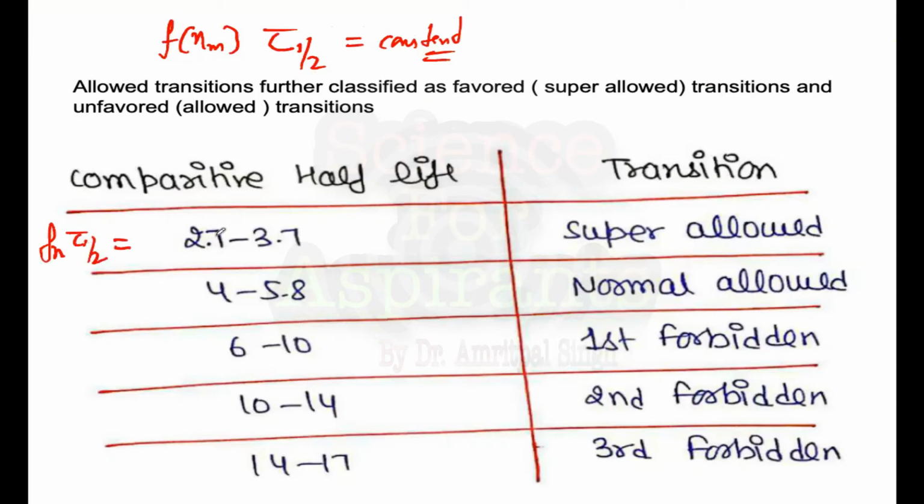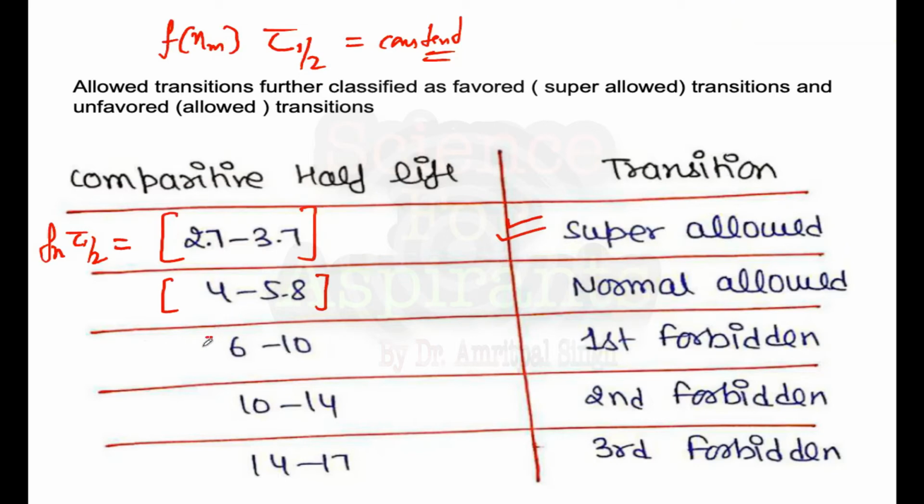If the value of this comparative half-life lies between 2.3 to 3.7, then those transitions are known as super allowed transitions. As the value of the comparative half-life increases, the matrix element is inversely proportional to it, so the more the half-life period, the lesser the probability for the reaction to occur.